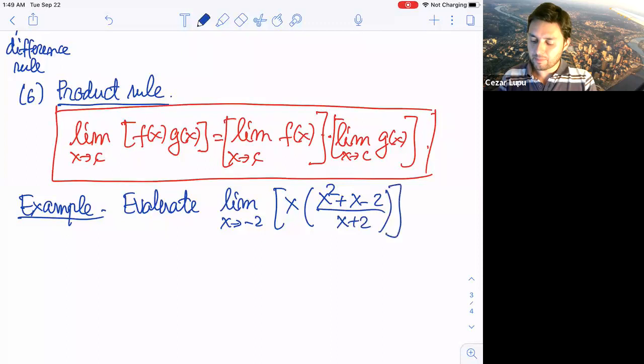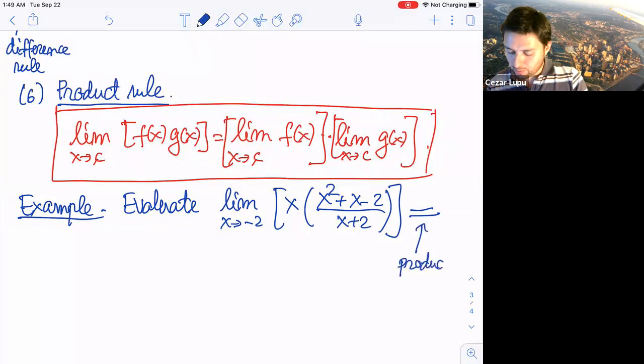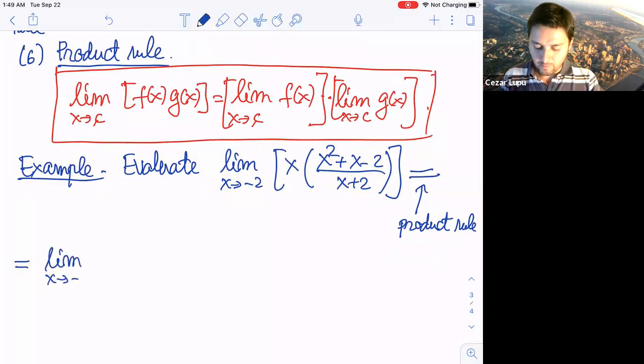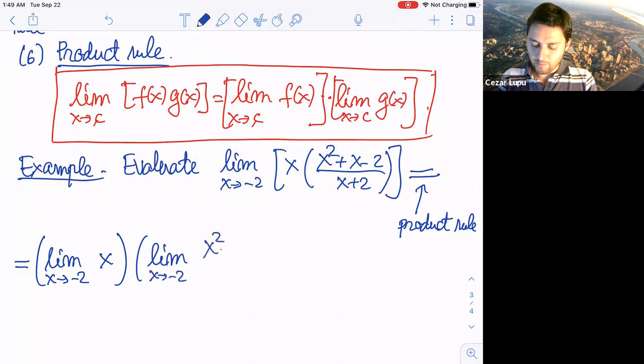So by applying the product rule, this would be equal to the limit as x approaches -2 of x times the limit as x approaches -2 of (x squared plus x minus 2) over (x plus 2).